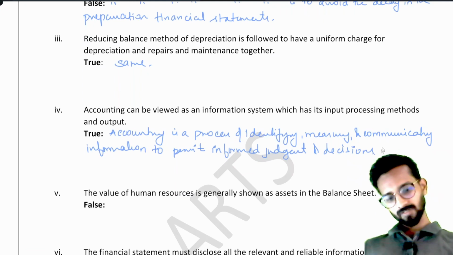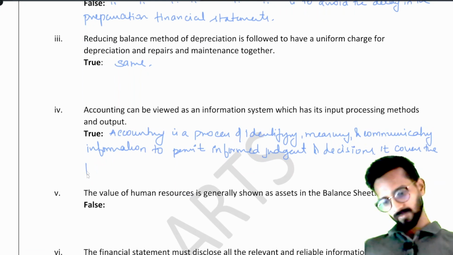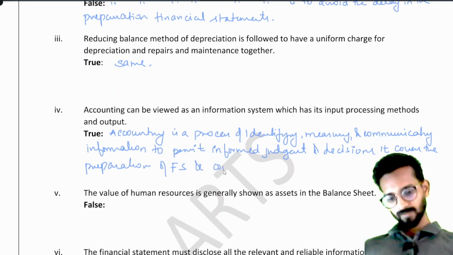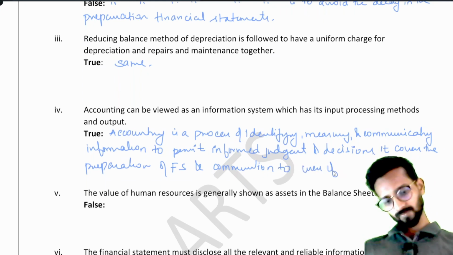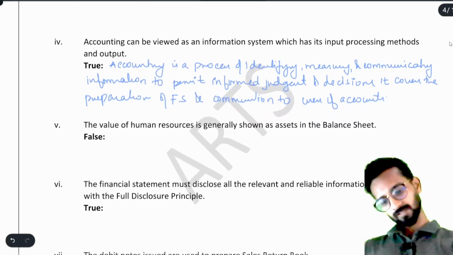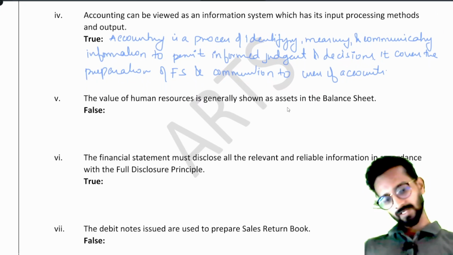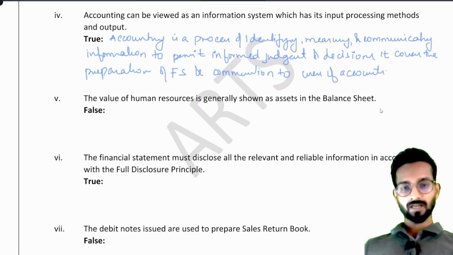Understood? It covers the preparation of financial statements and communication to users of accounts. Now after this, the value of human resource is generally shown as assets in the balance sheet. See, accounting till date, they are not valuing the human resource.